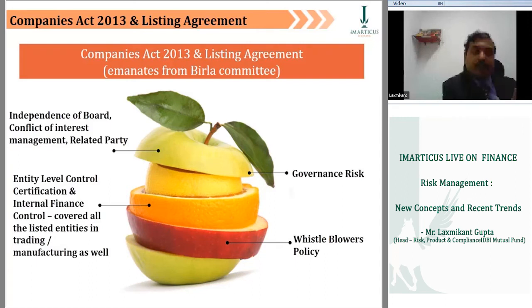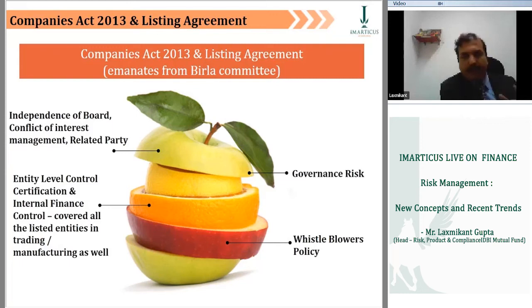In fact, this ultimately led to the emphasis on risk management in trading and manufacturing companies also. If you see the 80s and 90s, the emphasis on risk management and capital adequacy ratio was more for financial services sector entities.